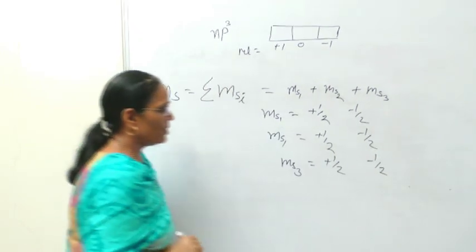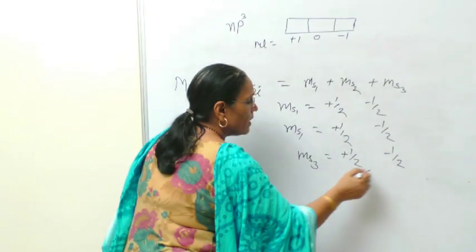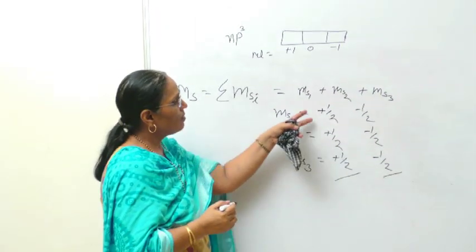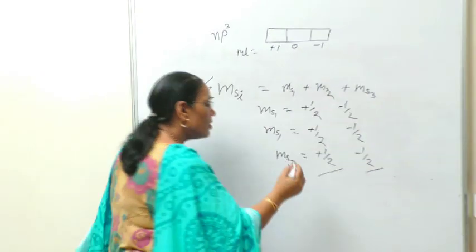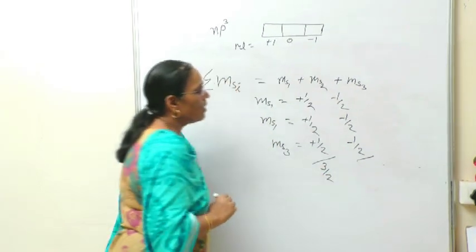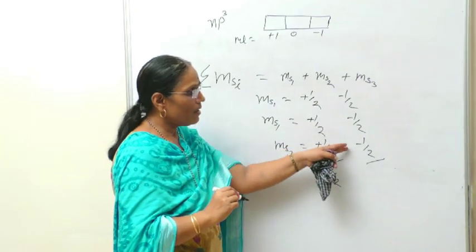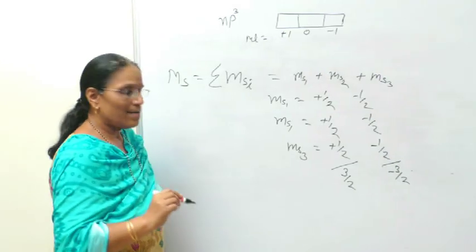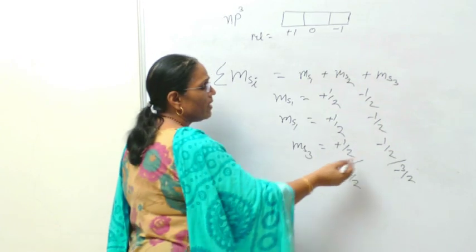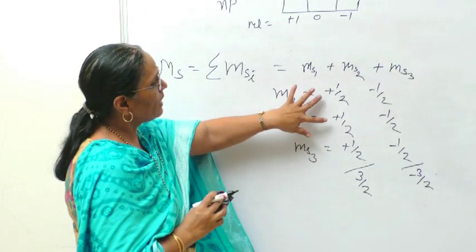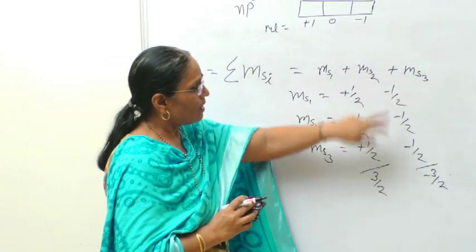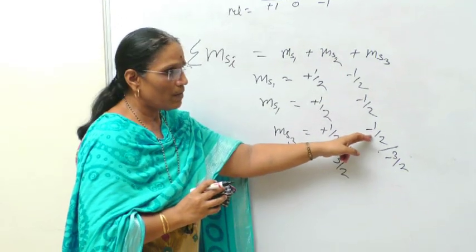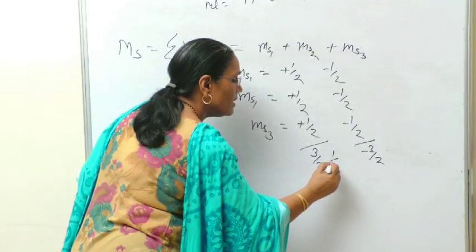or -1/2 spin. So in the possible cases, if all the 3 electrons have +1/2, +1/2, +1/2, the total spin comes to be 3/2, and if all are having -1/2 spins, then the total spin comes to be -3/2. For the intermediate combinations, 2 may have +1/2 and 1 may have -1/2, so +1/2 +1/2 -1/2 becomes +1/2, therefore +1/2 is also possible.